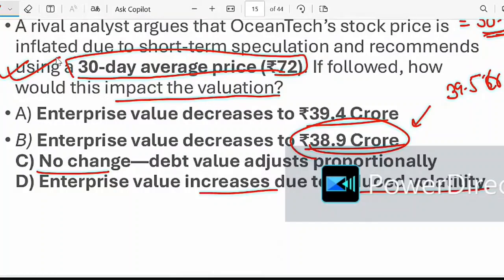Valuation is not just about numbers; it's about using judgment, when to trust the market and when to take a step back. That is what valuation is all about. This question teaches us the same thing: if we use the 30-day average price, our enterprise value decreases, because it might have been overpriced. So in valuation, we must use judgment properly. That is the main thing.